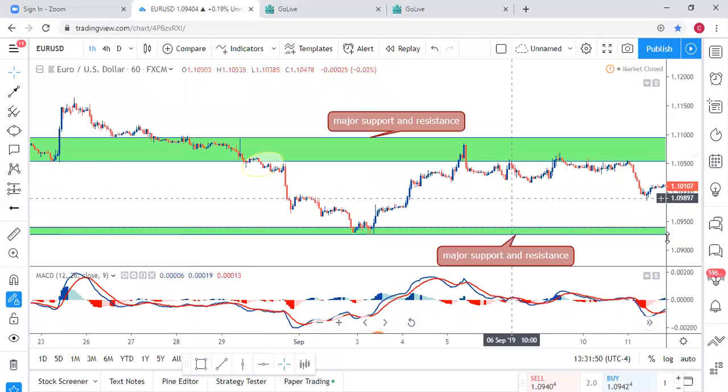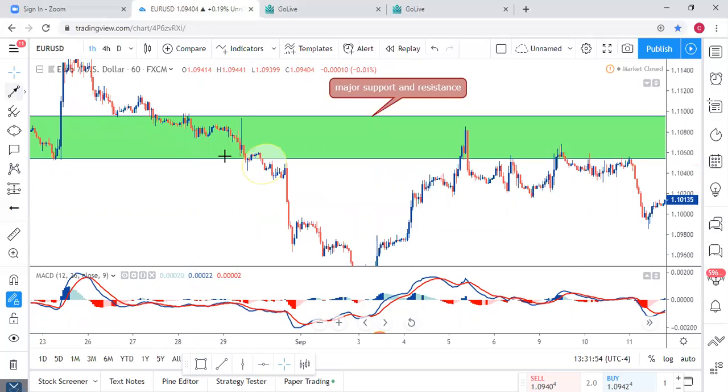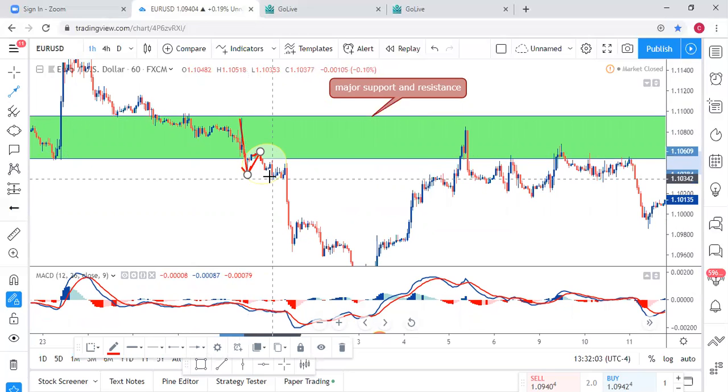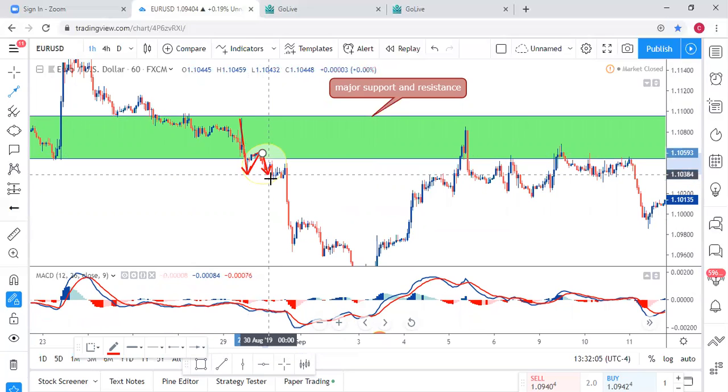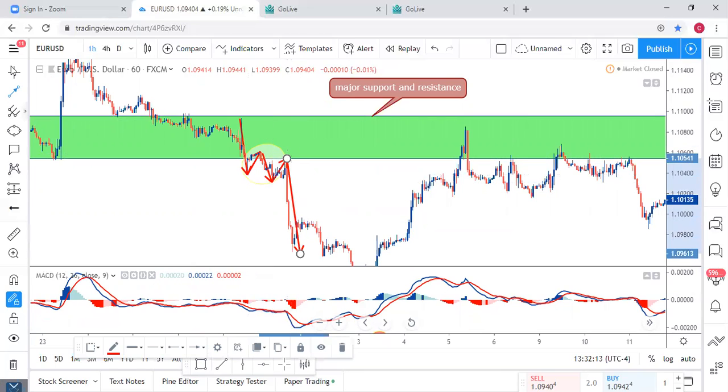The market would have done some stuff in that area. It would have come from here, we test this area, came back down to here, we test the same area, and then you have this big drop to the downside.